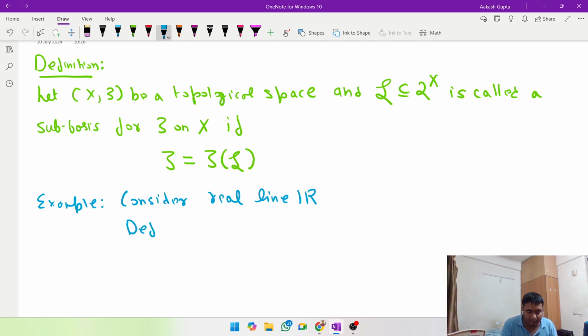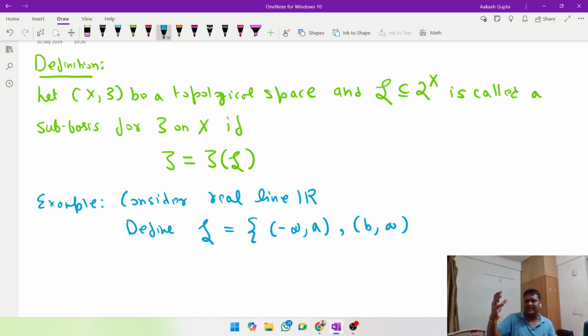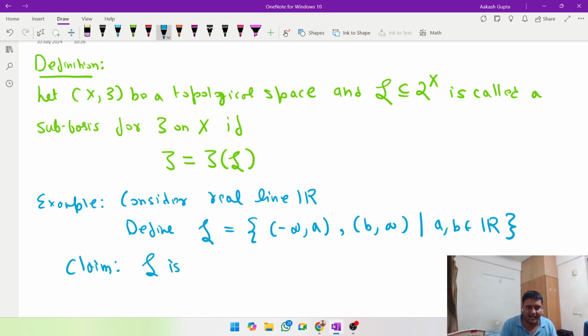So define script S to be the sets (minus infinity, a) and (b, infinity), these kinds of open intervals, what you will call rays, where a, b are in R. Our claim is: S is a sub-basis for the real line R. That's what we want to claim.